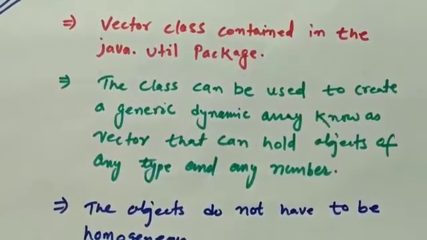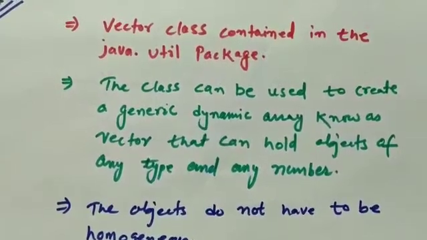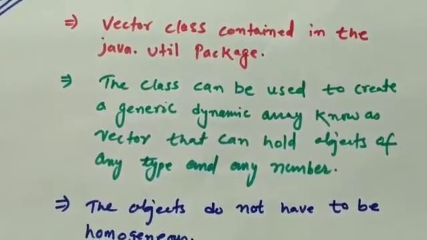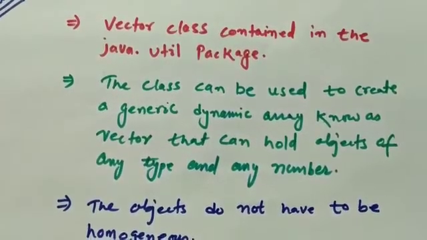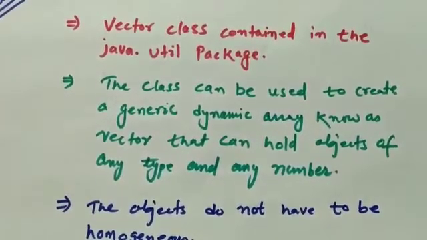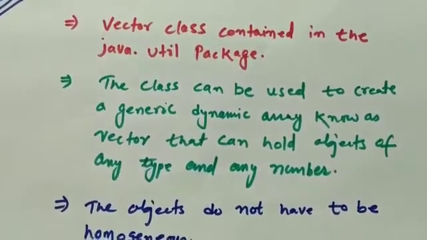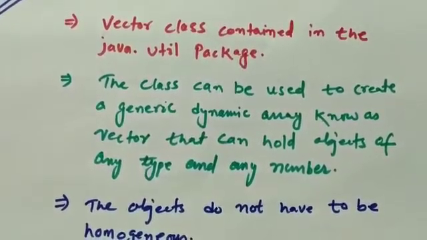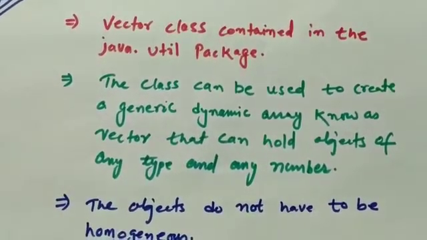That means the Vector class can be used as a generic dynamic array, whereas in an array we cannot insert data or elements dynamically, but here in a vector we can insert data dynamically. So a vector can hold objects of any type and any number. We can insert integers, characters, strings, any type in a vector.